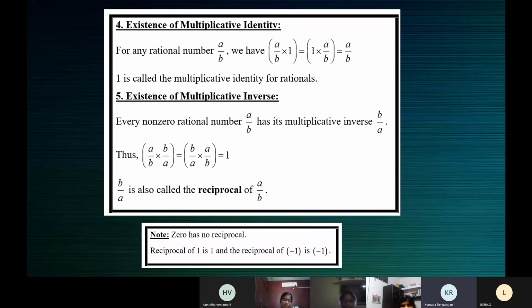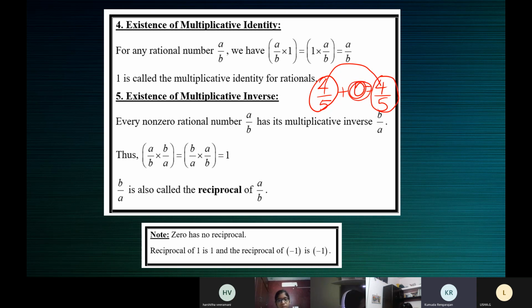Identity means you should get an identical answer, like we have the additive identity. What is the additive identity of rational numbers? 0 is called the additive identity of rational numbers because any rational number plus 0 is the rational number itself.